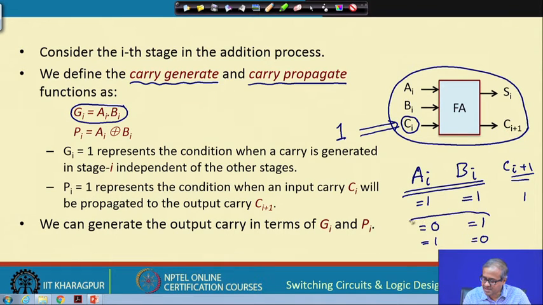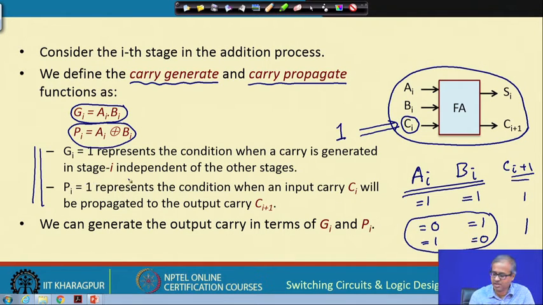So, this is the condition for carry propagation. 0 1 and 1 0 is nothing but the exclusive OR function. Carry out will be 1 if A is 0 B 1 or A 1 B 0. So, your generate is your AND, propagate is XOR. This is what I have just now explained.